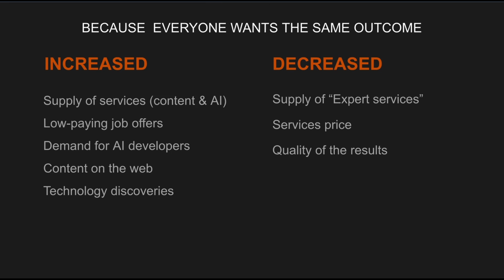So if we have an increased supply of services, at some point we're going to have a decreased price for these services, because there will be so many. Everybody will become an expert in the field, and this is before everybody on earth knows about these services. Why would you pay someone when you can do it yourself?